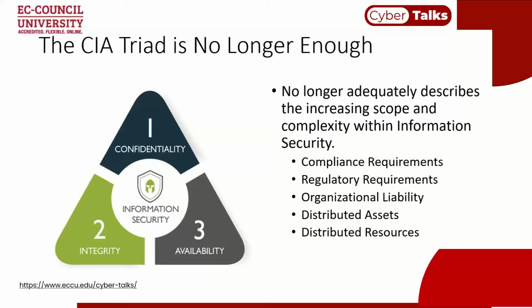The organization liability, distributed assets, and distributed resources have changed over the last few months massively, because now your assets and resources are a lot more distributed into the wild. And this also impacts your third parties, because they're also under the pandemic, under the same restrictions, and a lot of the people cannot go in the office.